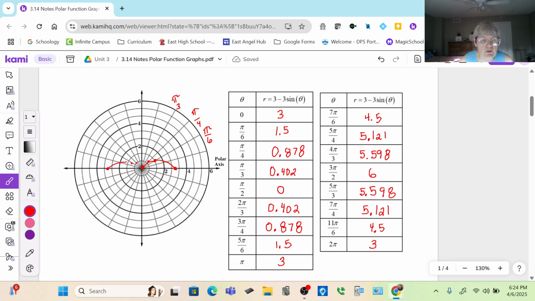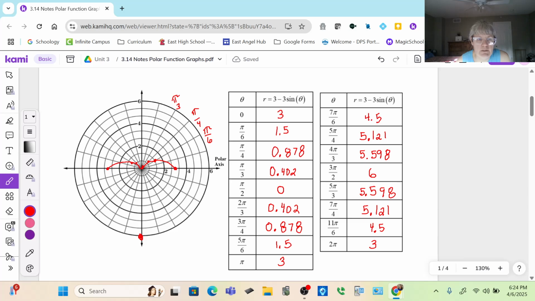So we're going to have a curve that looks something like this. And then after pi, it's still symmetric, but in a different way. We see we have a maximum of 6 at 3 pi over 2.